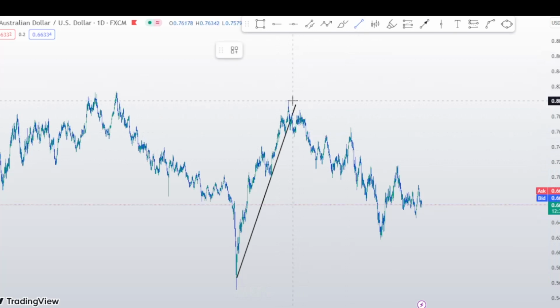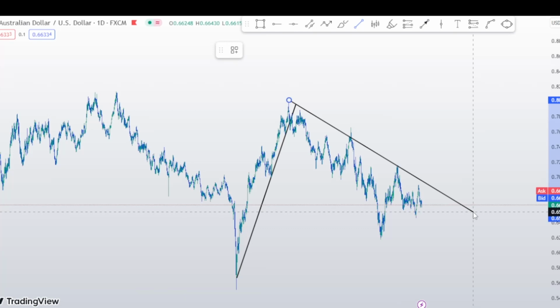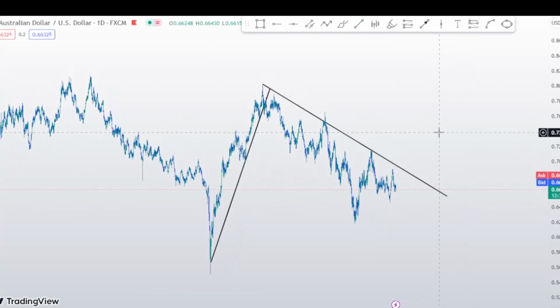And when the market is going down, we put our trend line on top to see if the downtrend is going to be cut off, and we start with the uptrend. So that's the difference in putting the trend line.